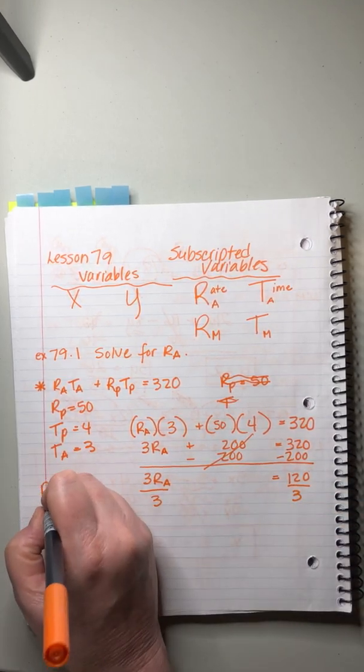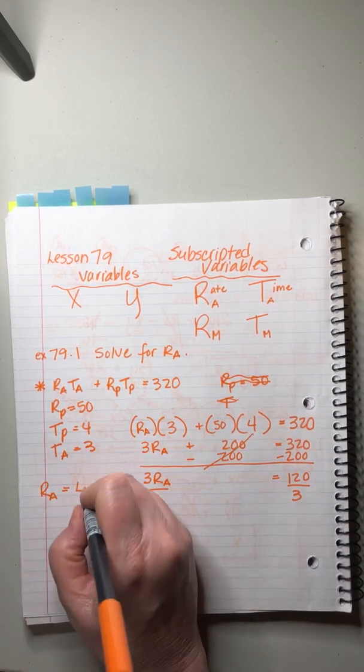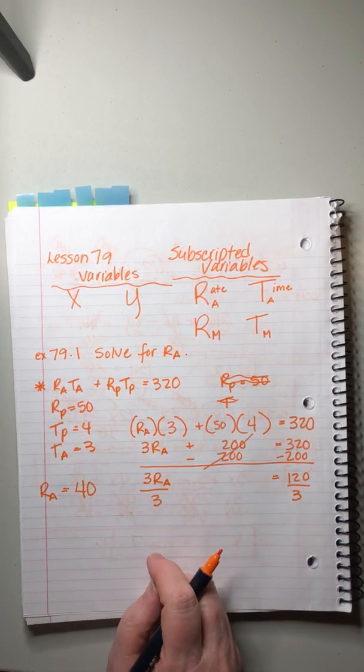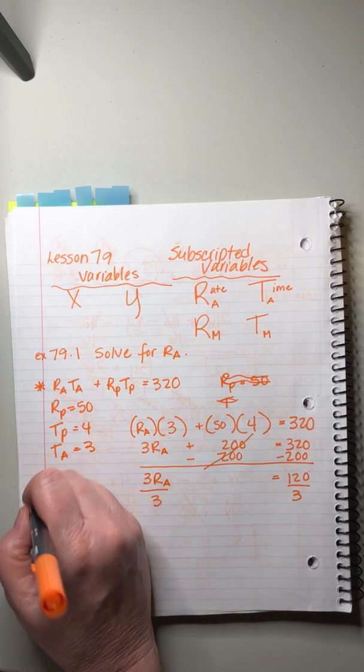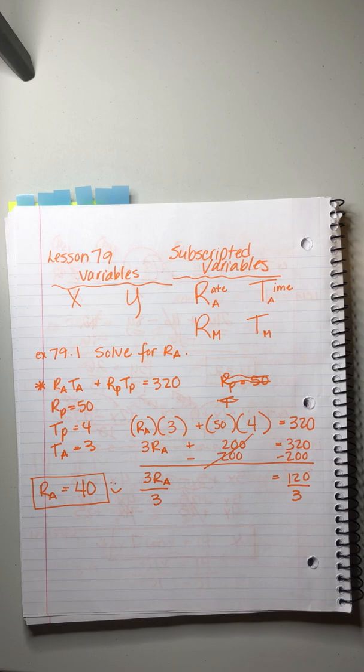So we get the rate of whoever the A person is equals 40. And that's our answer. But that's not so bad, is it? Right? Find your base equation, set up the buckets, fill them in.